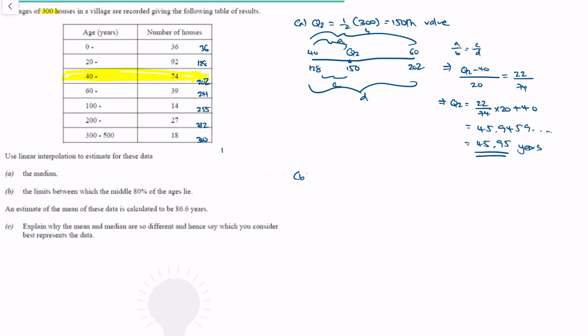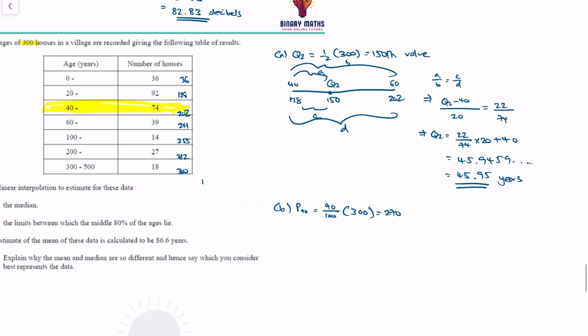B, the limits between which the middle 80% of the ages lie. Middle 80% means I need to work out P90 and P10. P90 is 90 over 100 times 300, which is 270, the 270th value.